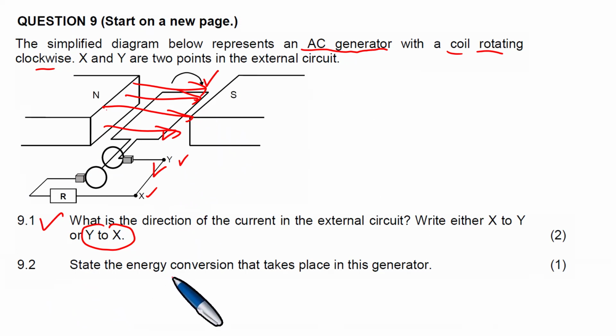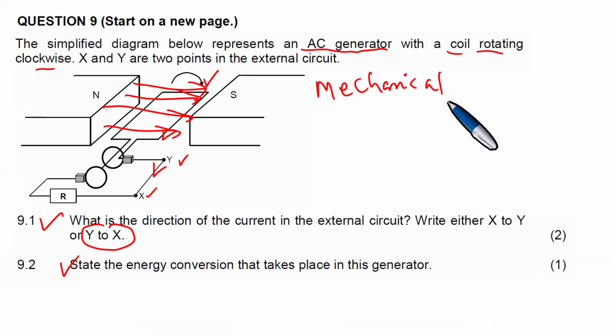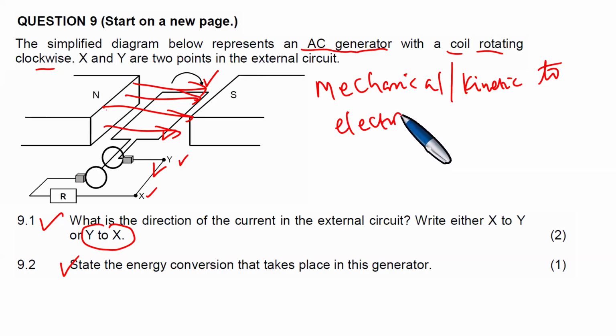Well done. 9.2: State the energy conversion that takes place in this generator. In this case, the energy conversion is mechanical, or kinetic, to electrical energy.